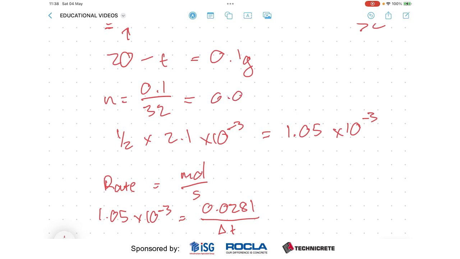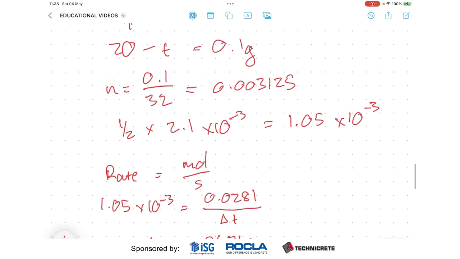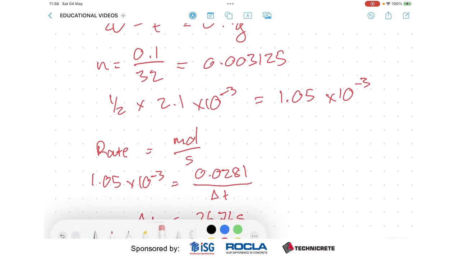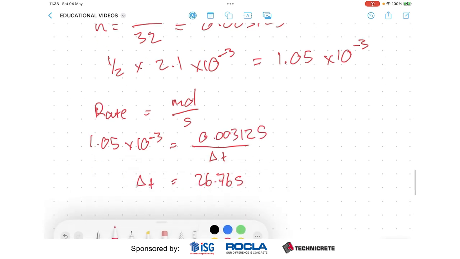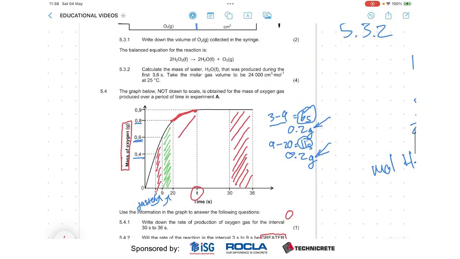This is supposed to be 0.003125. That's all correct. So let's just change this. Then we're going to get a small value for t here. 0.003125 divided by 1.05 times 10 to the minus 3. This gives us 2.976. So this is the time for this interval.